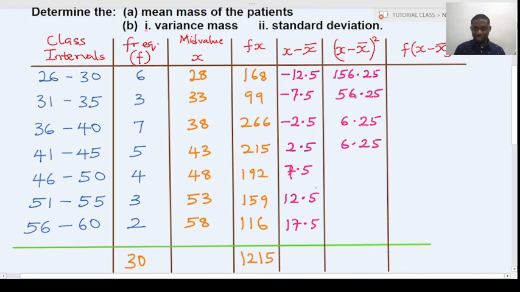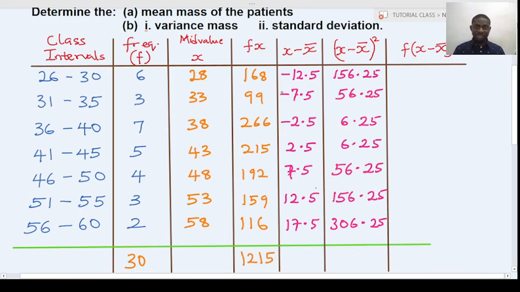Then 56.25 again, then 156.25. And the square of 17.5 gives you 306.25.